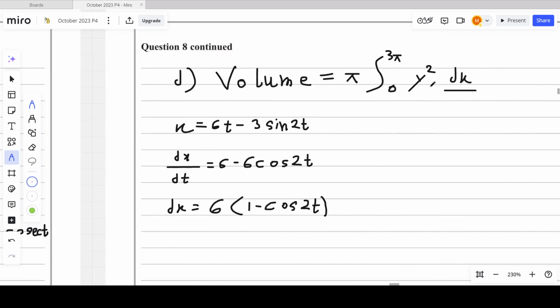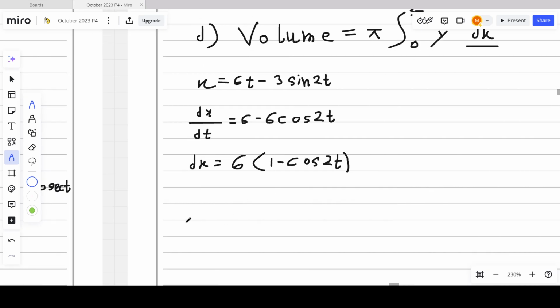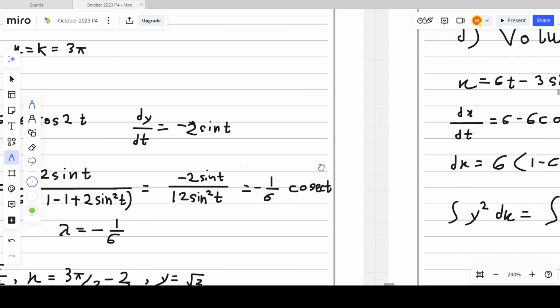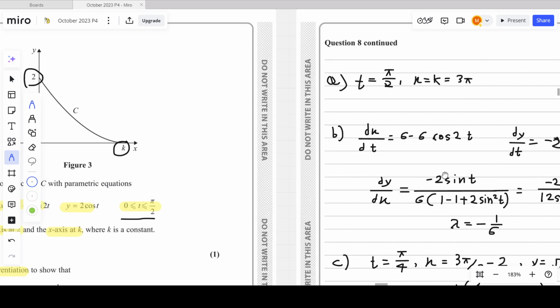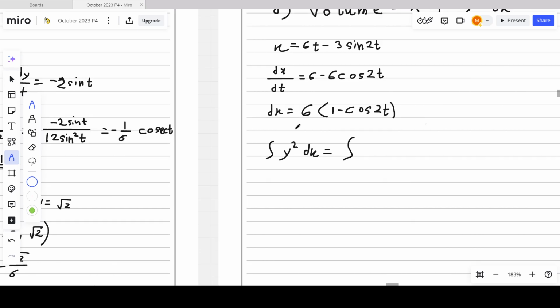Let us substitute y squared first. So the integration of y squared dx would be equal to the integration of y squared, which is 4 cos squared t.